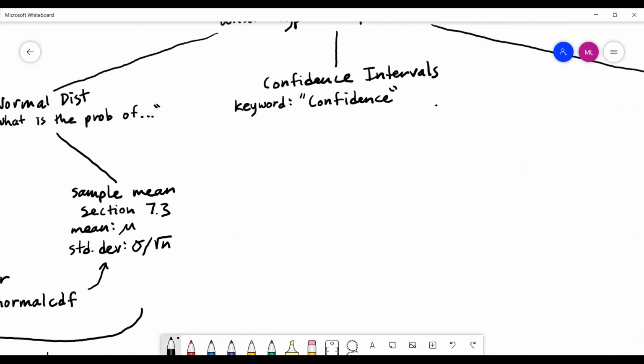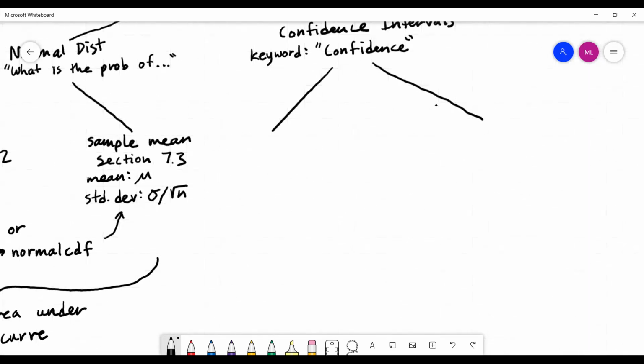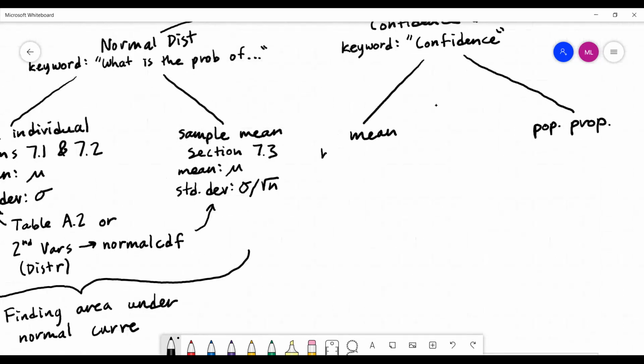And so this was, again, chapter 8, and we broke this into 2 subcategories. We had confidence intervals for the mean, and we also had confidence intervals for a population proportion. And again, let's talk about what keywords can we use to distinguish each.